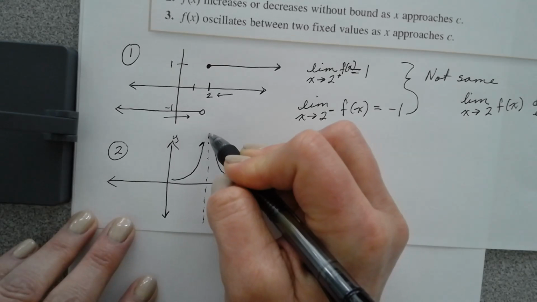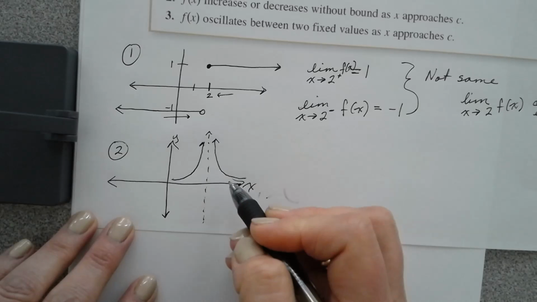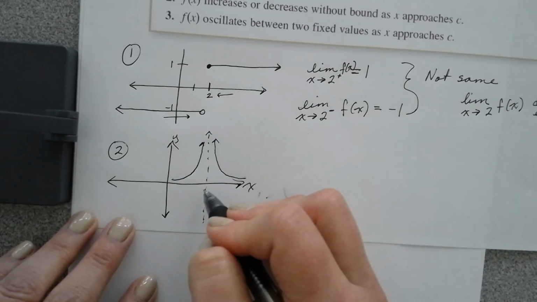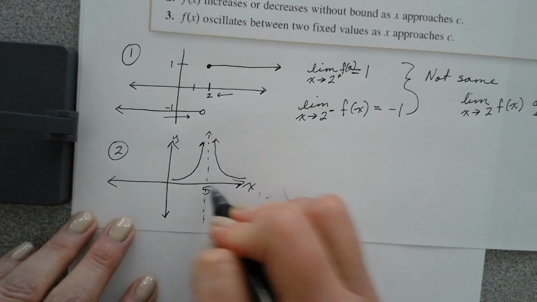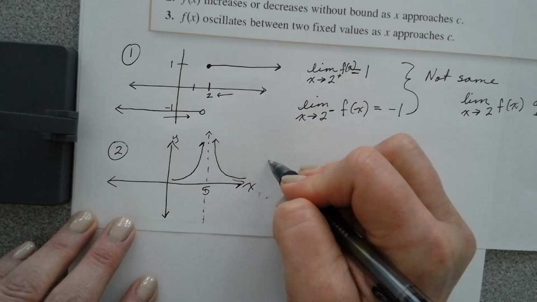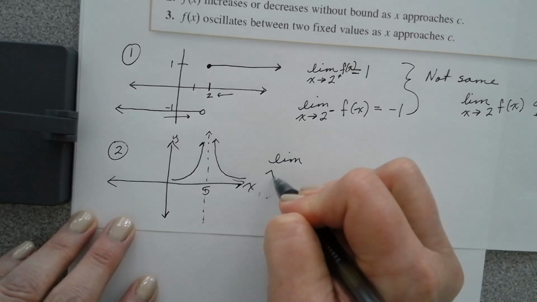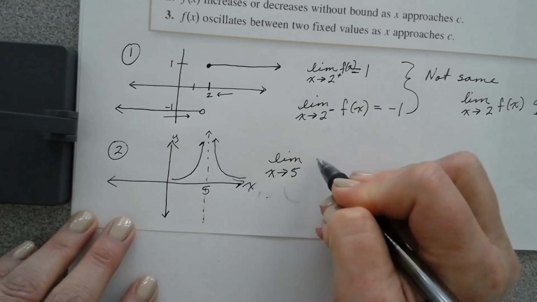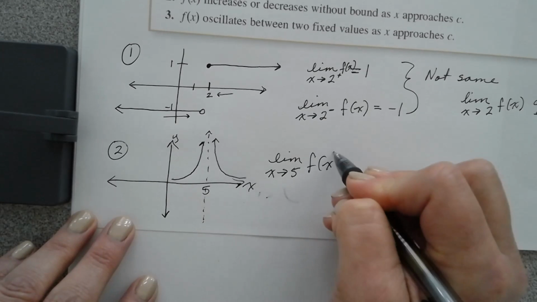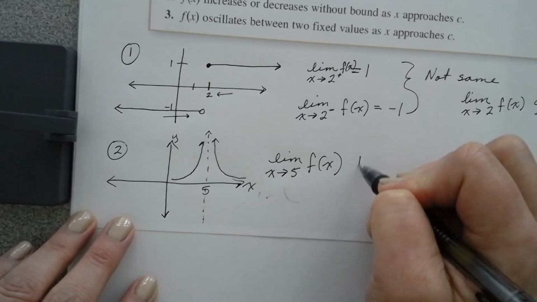If it increases without bound, and let's say this is 5, then we would say the limit as x approaches 5 of f of x does not exist.